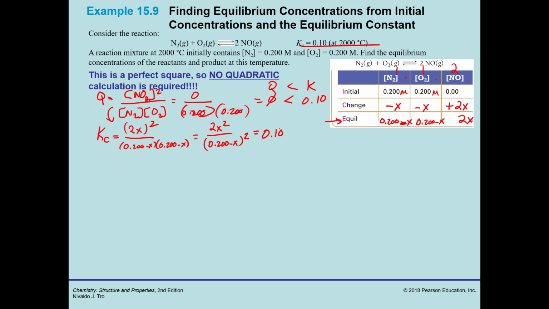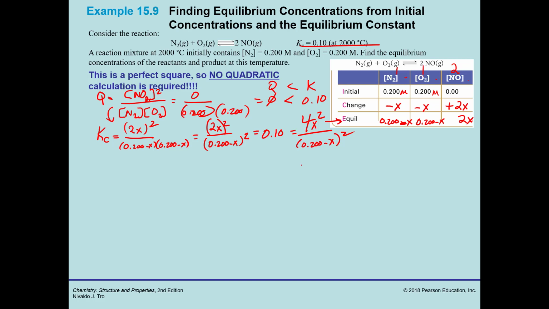Now, oh, happy day. Make sure you don't do what I just did. This whole thing is squared, so that means it's literally 2 squared, which is 4x squared, divided by 0.200 minus x squared, because the 2x is squared, so you have to square the number as well.